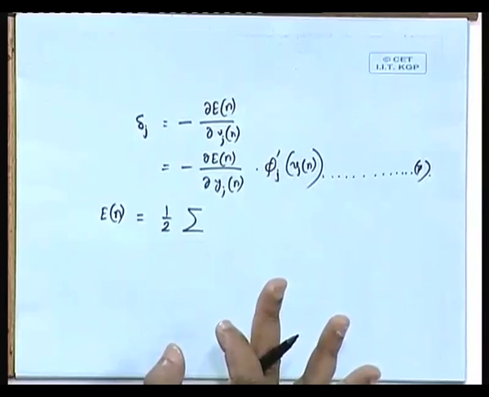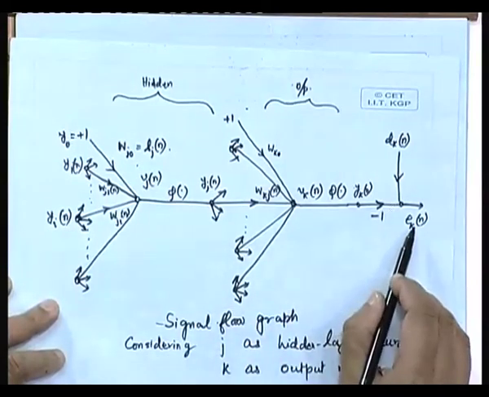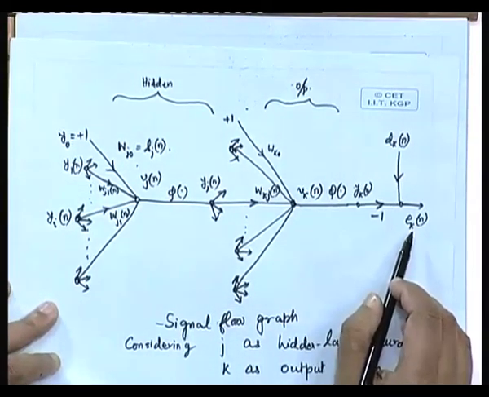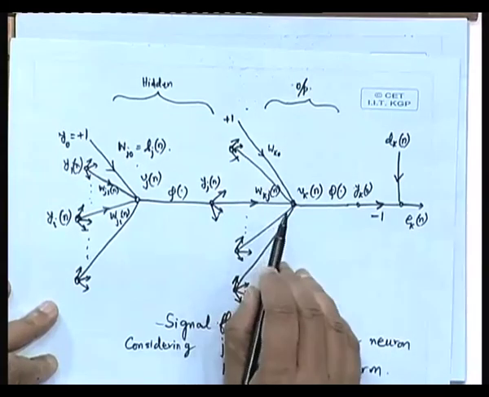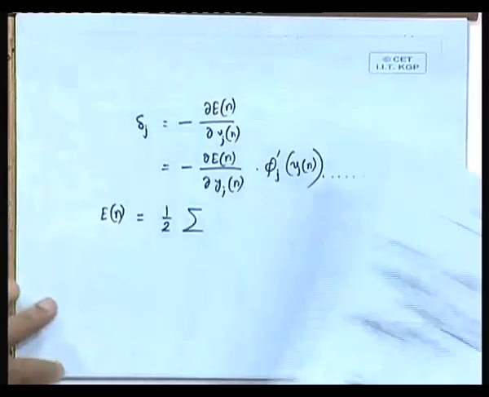It is Ek square, because K belongs to the output layer, and when it comes to error energy, the errors are all computed at the output, because the output is only available there. Whatever Ek we can calculate is only at the output layer, and we have been using J for the hidden layer and K for the index of the output layer.